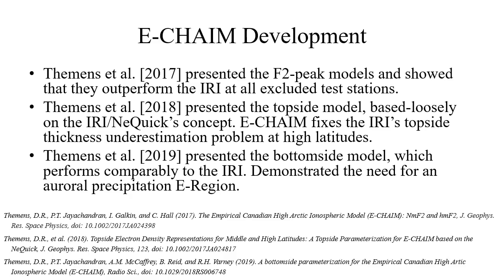Finally, in our 2019 paper, we finished the model by including an E region, or bottom side and E region, which performs comparably to the IRI, but in that paper we also demonstrate that there's definitely a need, obviously, for the inclusion of our auroral E region in the model.